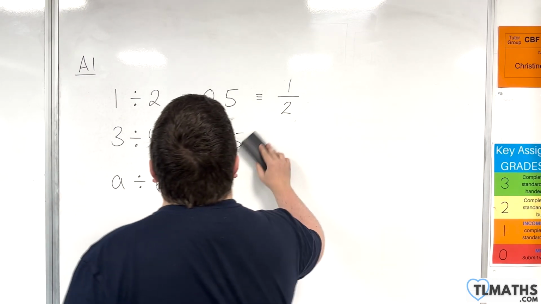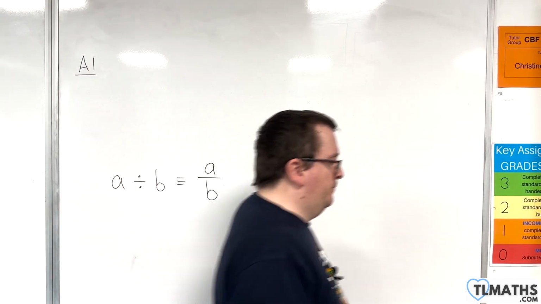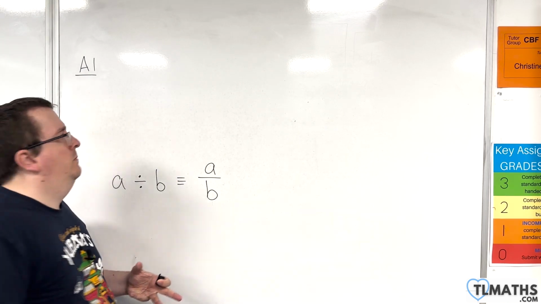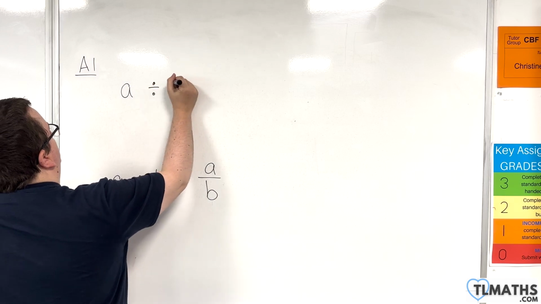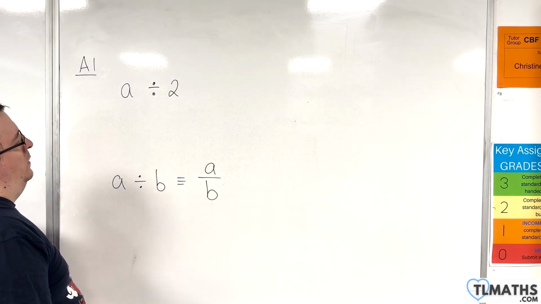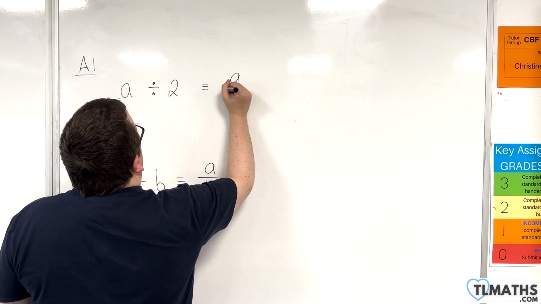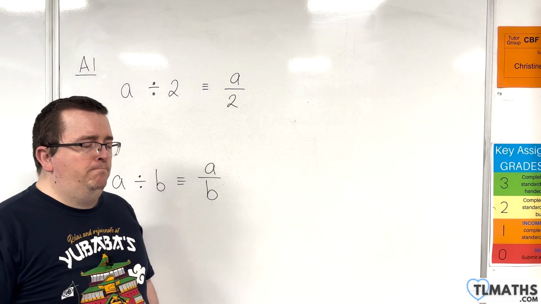Now, a little bit of notation. Keeping on division, let's think about A divided by 2. So that must be equivalent to A over 2. Okay?